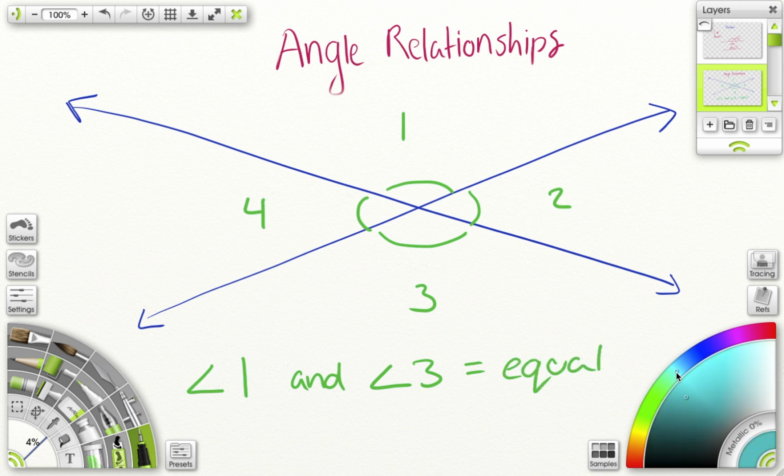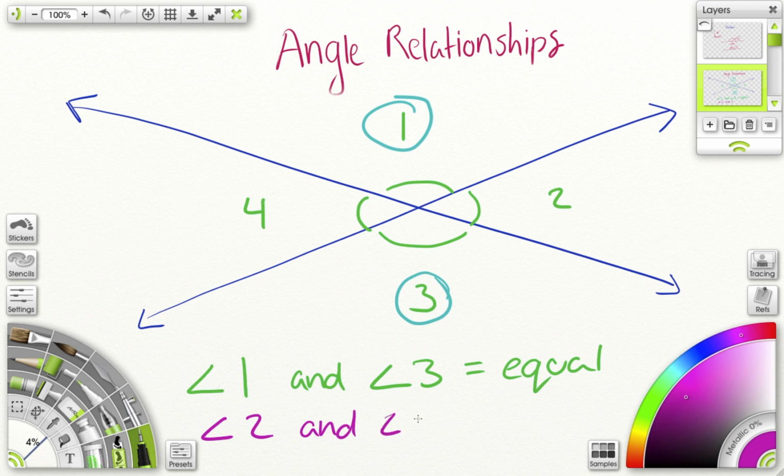So I'm going to just color code that in blue. Angle 1 and angle 3 are equal because they're opposite each other. Angle 2 and angle 4 are equal.